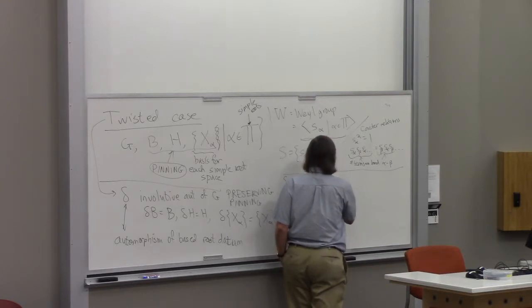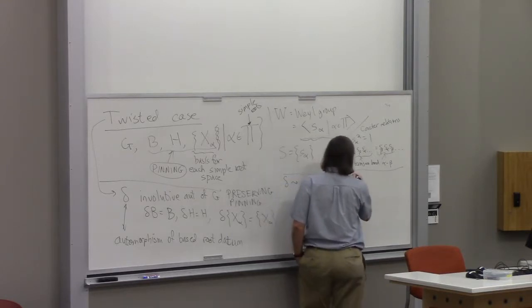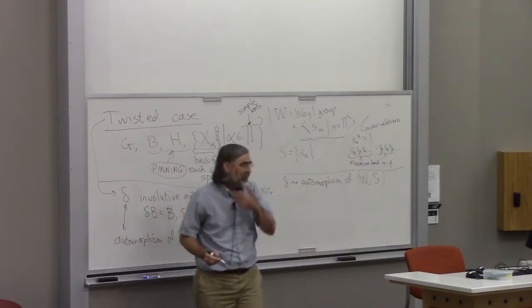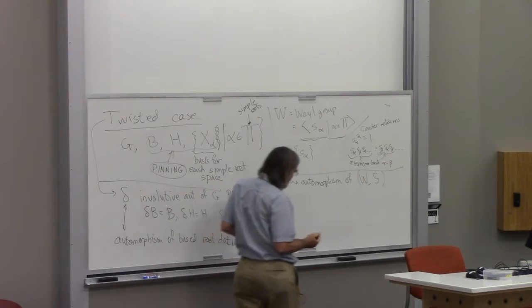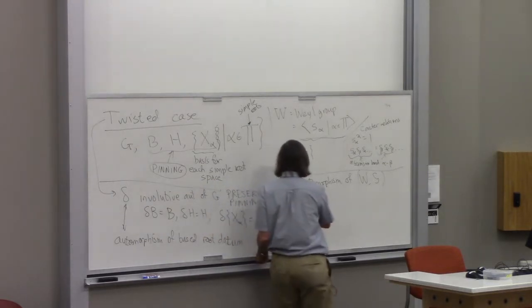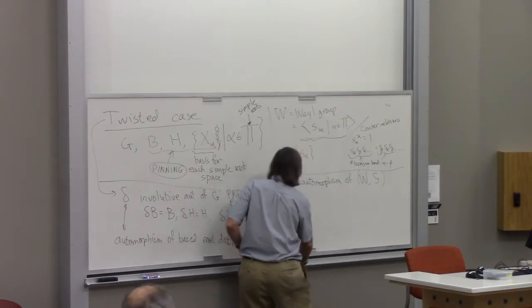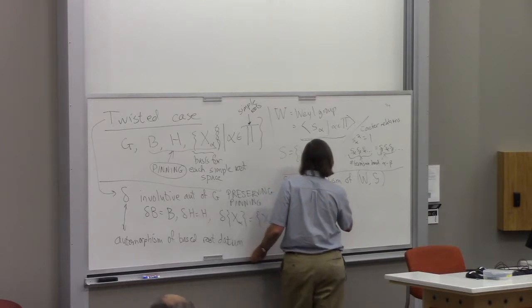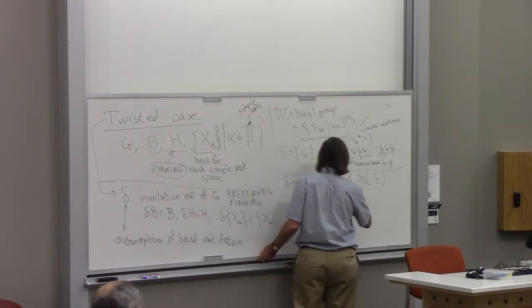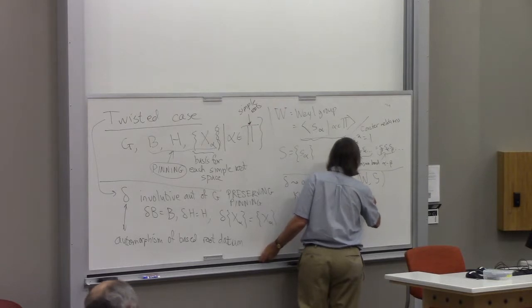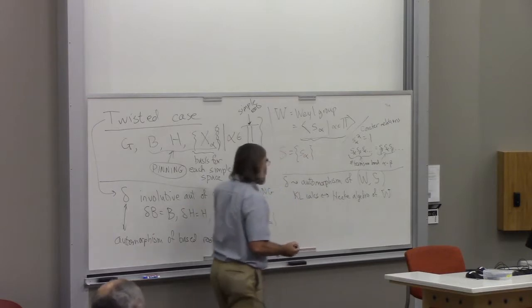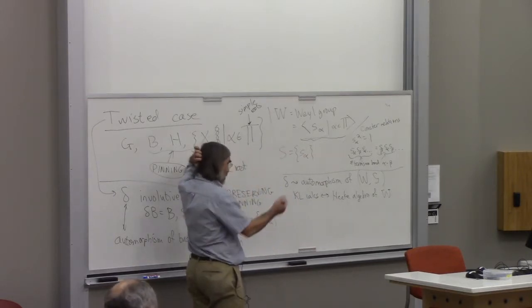The Kazhdan-Lusztig calculations are related to the Hecke algebra of W, which I talked about in connection also with finite groups.